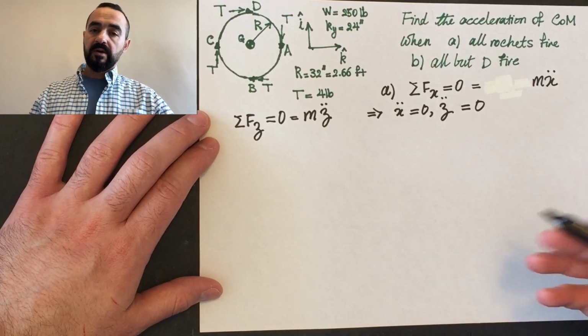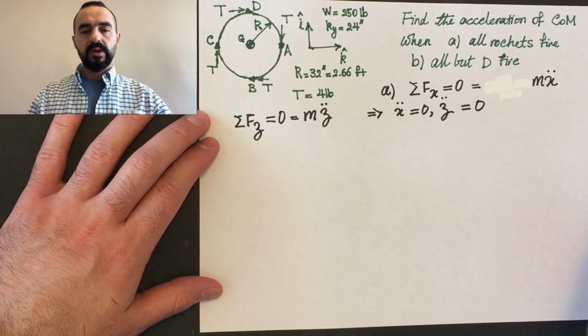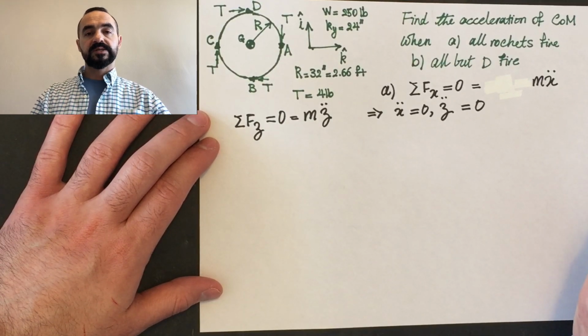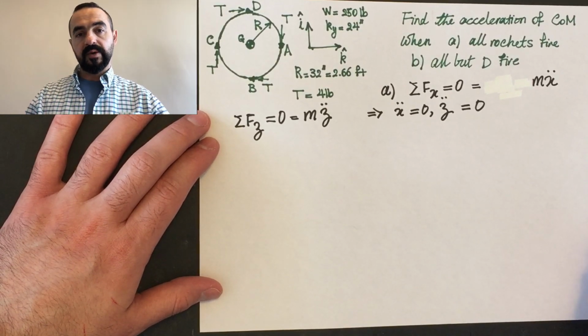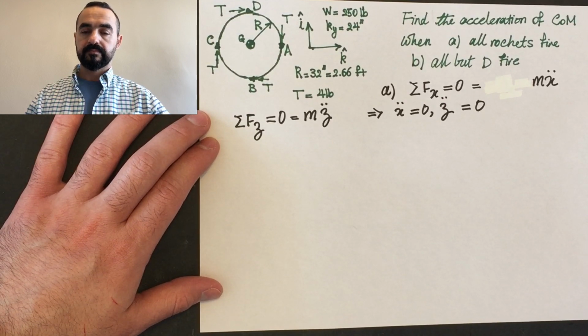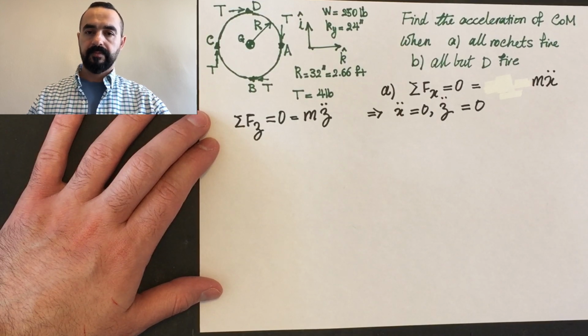Alright, so we have shown that the translational acceleration in x and z direction are going to be equal to 0. Now, question is, what happens to rotational acceleration? Again, rotational acceleration is omega dot.